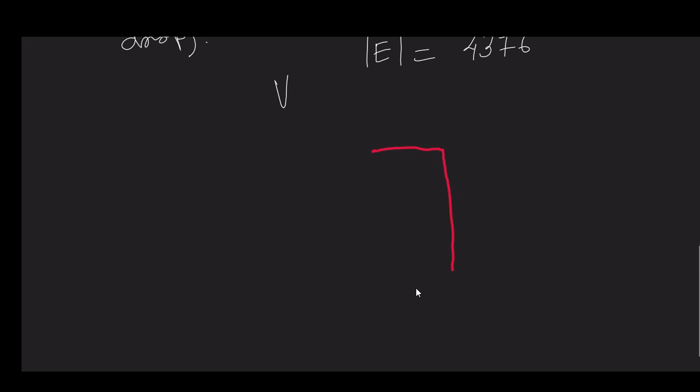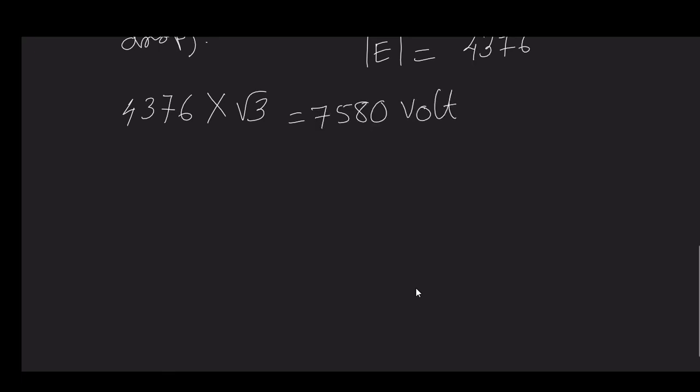Now for 4376, we have to figure out the line voltage. That will be 4376 into root 3. So in total it will become 7580 volt.